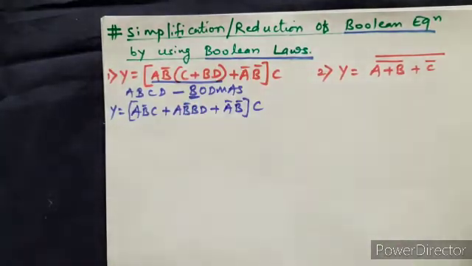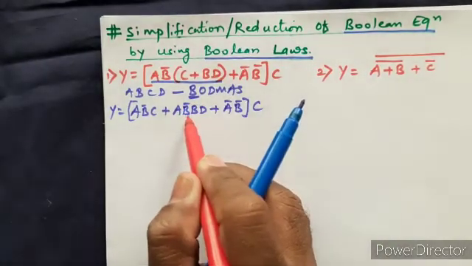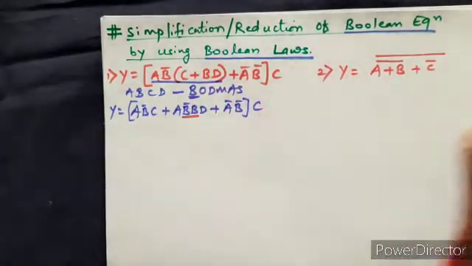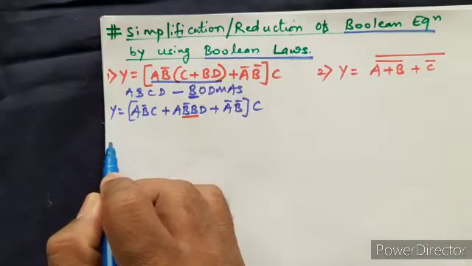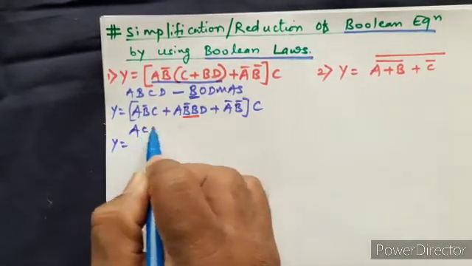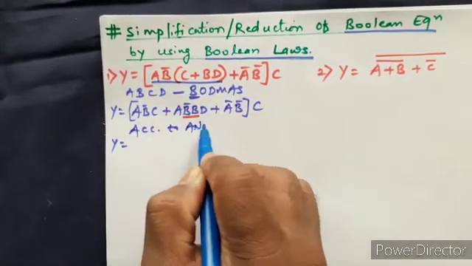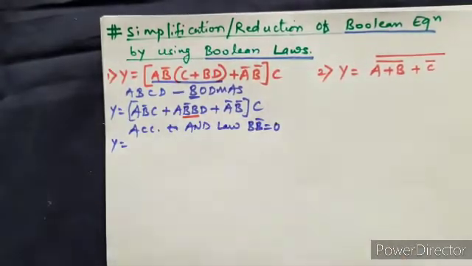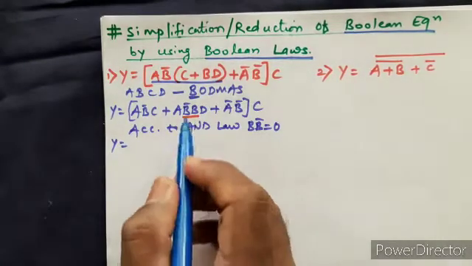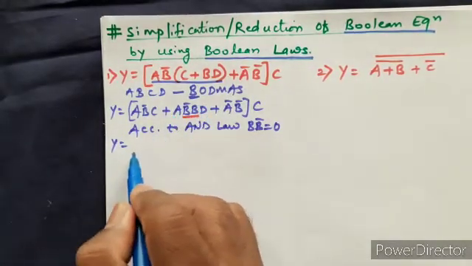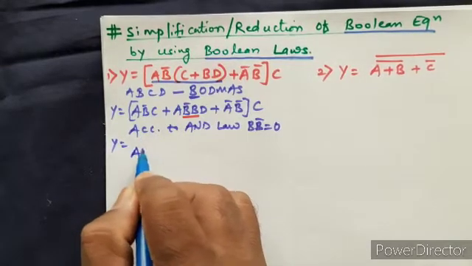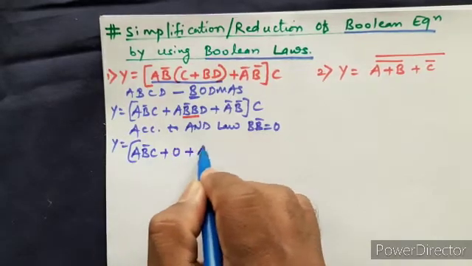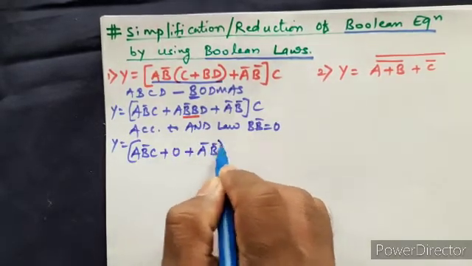Now according to the ANDing laws, when a variable is ANDed with its complement, its output is 0. So I'll say according to the AND law, b bar b is 0, so this term completely becomes 0. So I can write a b bar c plus 0 plus a bar b bar c.